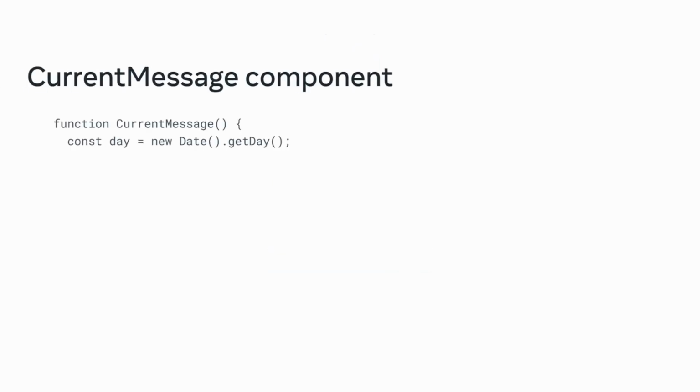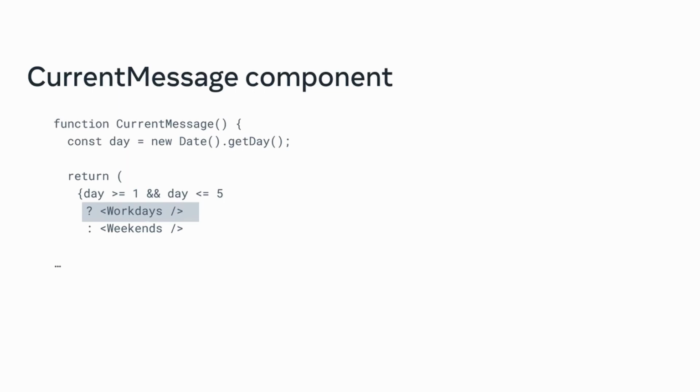Let's set up the conditions to make that happen. Recall that the ternary operator takes 3 commands. First is the condition, which in this example uses the logical AND operator. The condition checks if the value stored in the day variable is greater than or equal to 1 and less than or equal to 5. Then the question mark symbol, followed by the expression to execute if the condition evaluates as true.